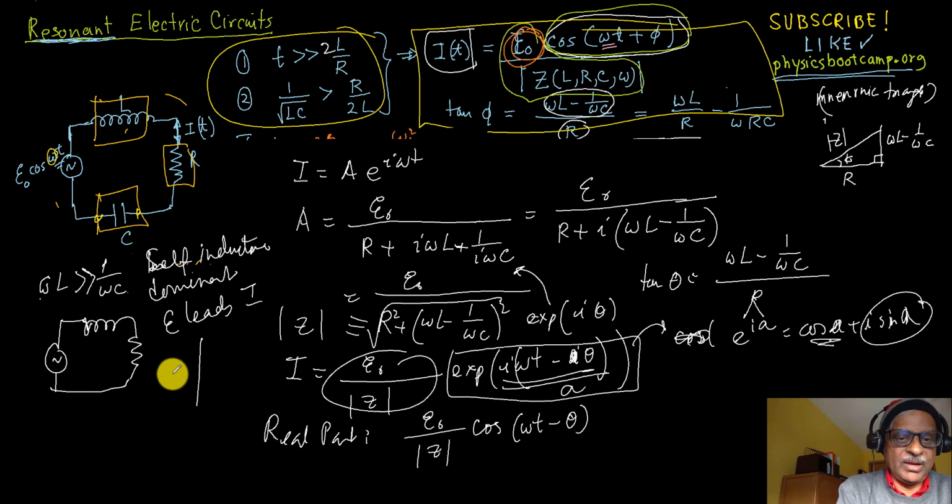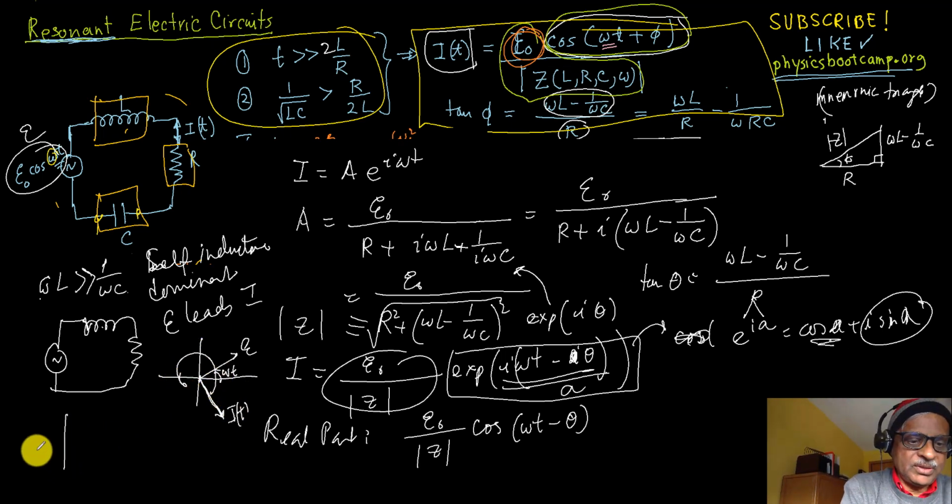the EMF leads the current. If I plot the angle, the EMF, let's call that E, is in that direction in time. This is omega t, this angle. Then E will lead by 90 degrees actually, if it's just this, and the current will be this way, and they will rotate like that.